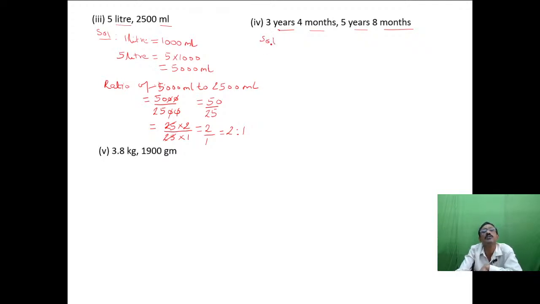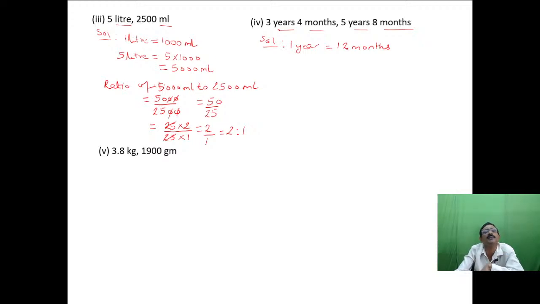This is the solution. First, what will we take? 1 year. 1 year has got how many months? We have got 12 months, as we all know that 1 year has 12 months.